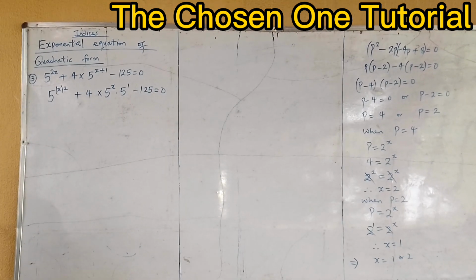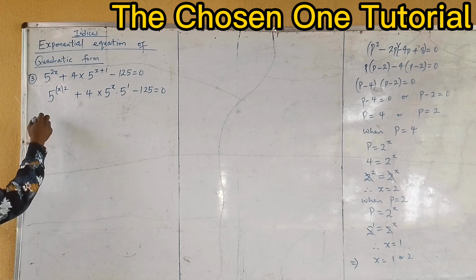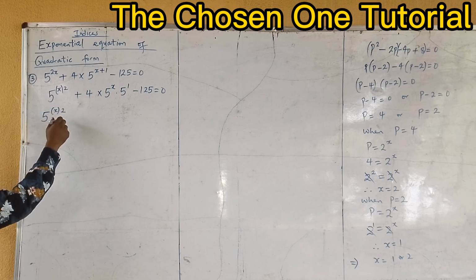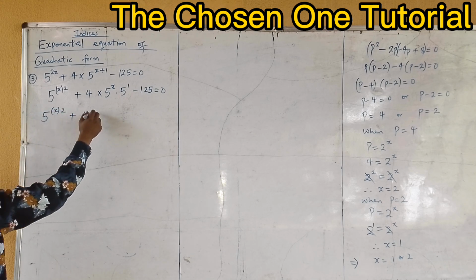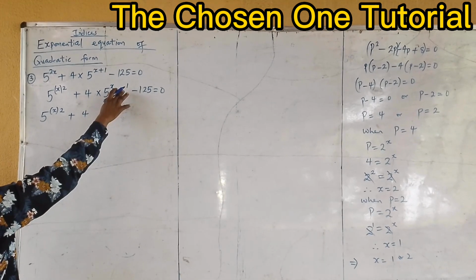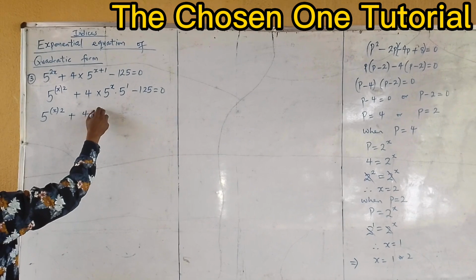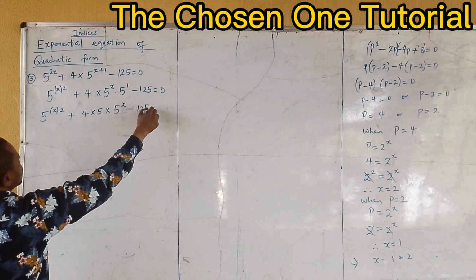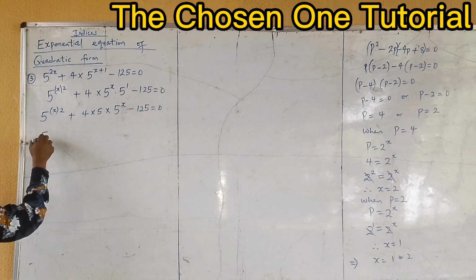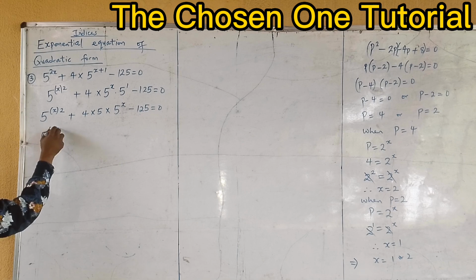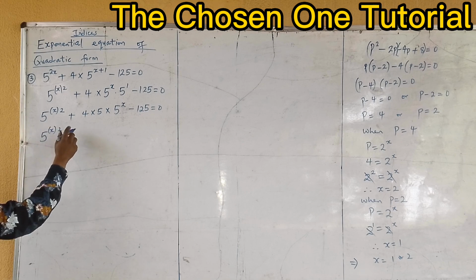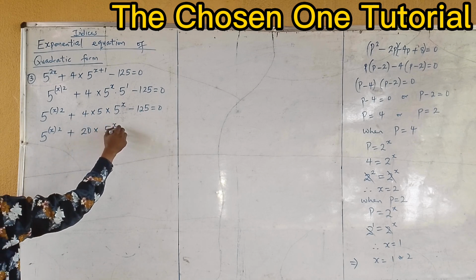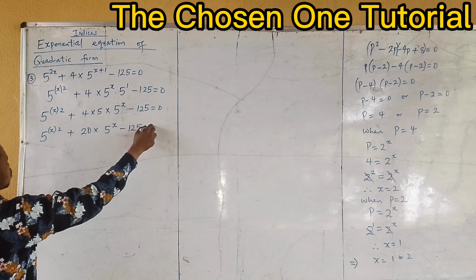And don't forget, (5^s)^2 plus 4 times 5^1, that is 5, so 4 times 5 times 5^s, minus 125 = 0. Then we are going to have (5^s)^2 plus 5 times 4, that will be 20, times 5^s, minus 125 = 0.